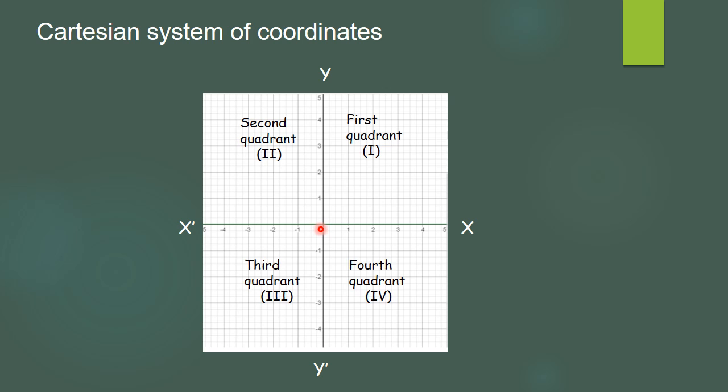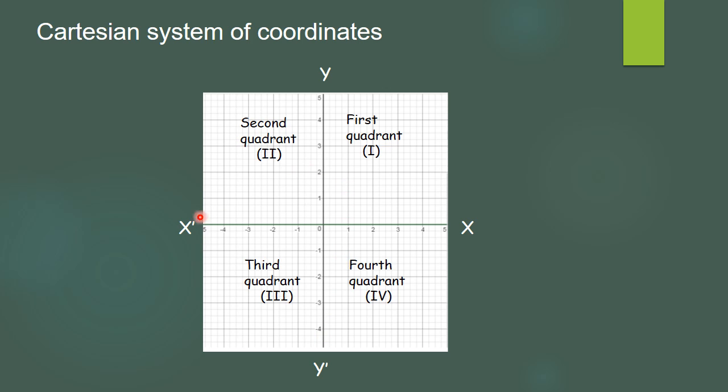On the right side of the origin on x is positive, denoted as x, while the negative direction is denoted by x dash. Similarly, the positive ray on the y-axis is denoted by y, while the negative ray is called y dash.